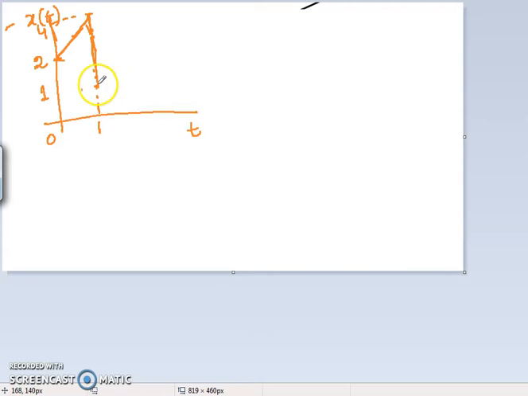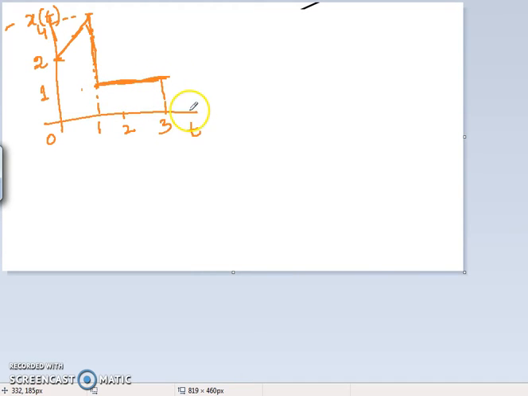And from time 1 onwards, there is a step function like figure that continues up to time 3. So the magnitude of 1 continues up to time 3.